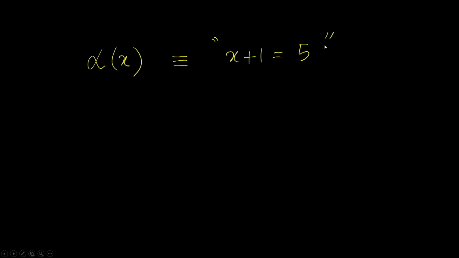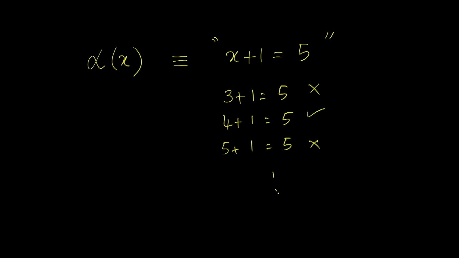So this is a formula with one free variable x. By substituting for x, I can get various formulae. Some of them are true, some of them are false, and so on. So those are formulae with one free variable.